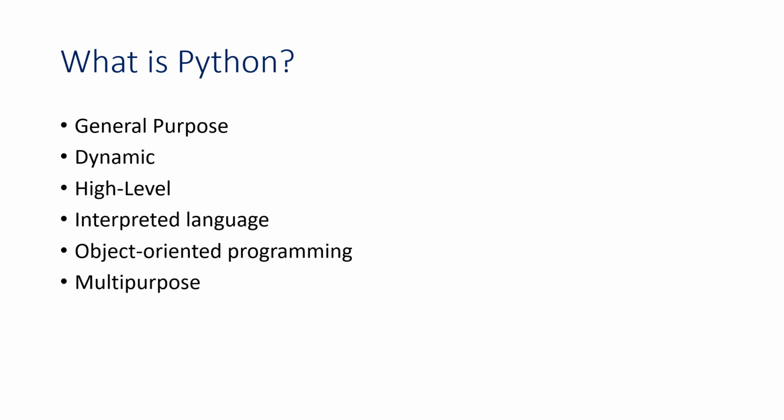Python is a pure object-oriented programming language because of its data types. In C or C++, int is a data type, but in Python, int, string, list or anything is a class. So it is a purely object-oriented programming language.